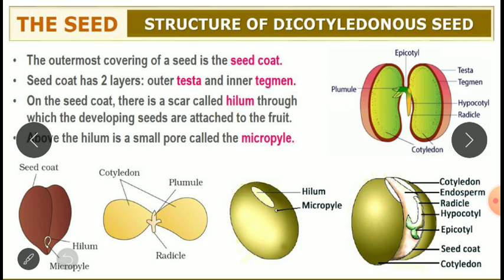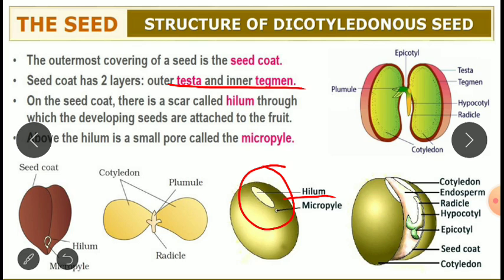The outer seed coat has two layers: the outermost is the testa and the inner layer is the tegma. On the seed coat you can see a scar, a mark called the hilum, through which the seed is attached to the fruit.